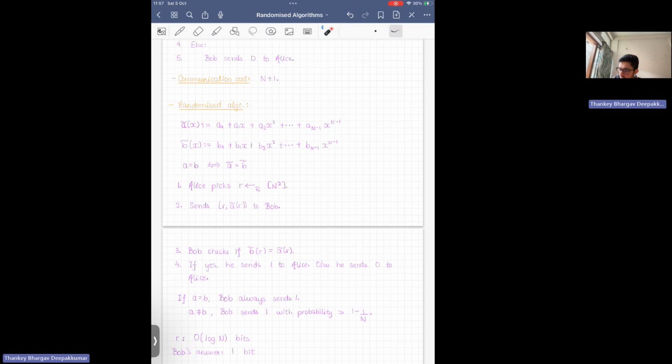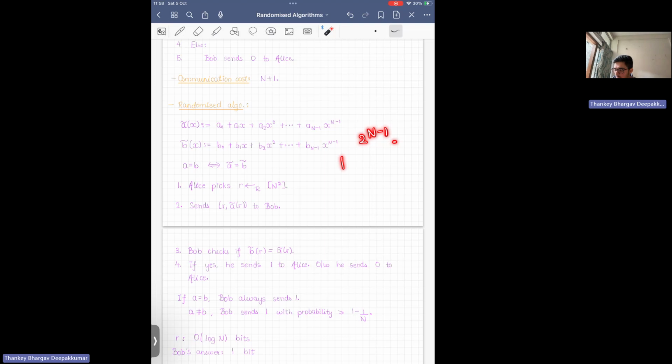Why? Let's say we pick something uniformly at random from 1 to n square. With probability 1 minus 1 over n square, it would be greater than 1, so at least 2. And when R is at least 2, let's say a n minus 1 is 1, this thing can be as large as 2 to the n minus 1.